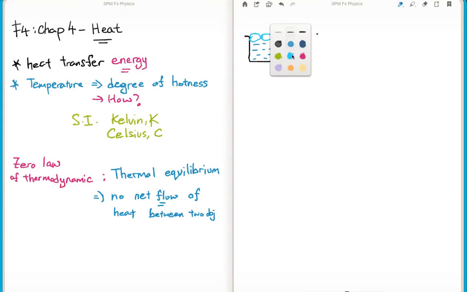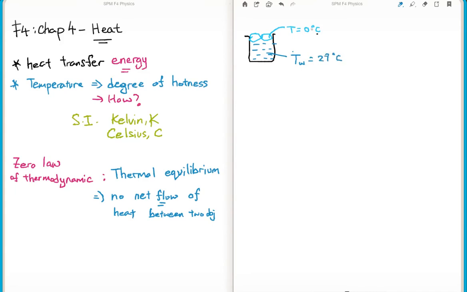Ask yourself, the temperature for this ice initially would be 0. If this is in solid phase, solid ice, that was 0 degrees, and initially the temperature for the water, T subscript W, would be 27 degrees C.